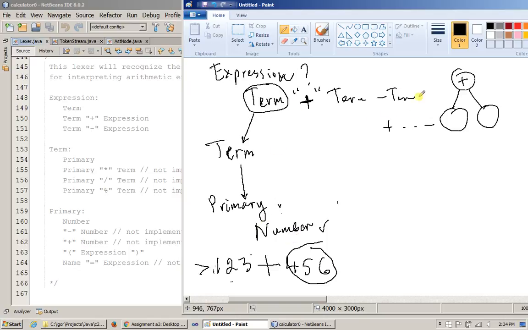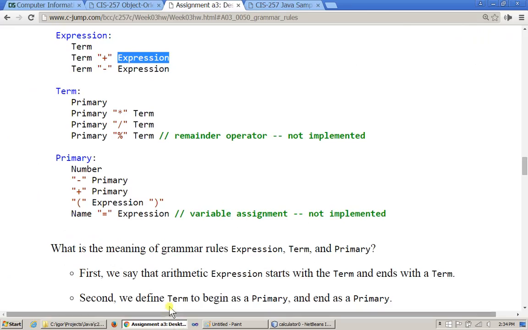And what's going to happen is that after this, there is no more input, and we will say, okay, can we stop at this point? And the grammar rule will tell us, yes, you can, because it's okay to deal with an expression which only consists of a term without following the plus or minus.